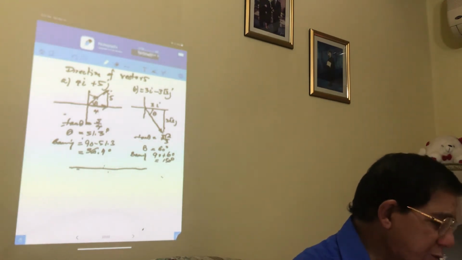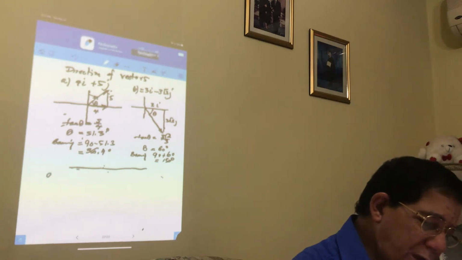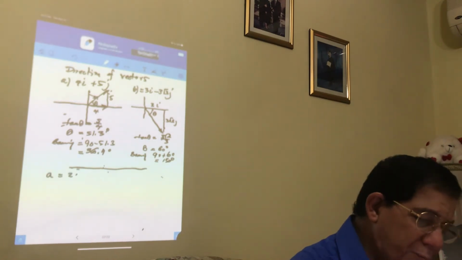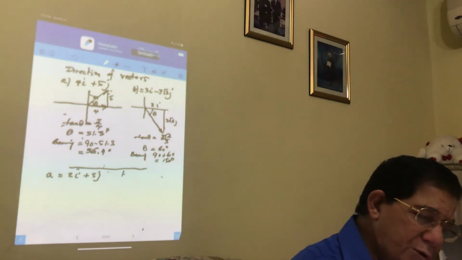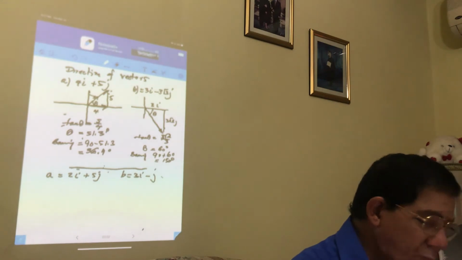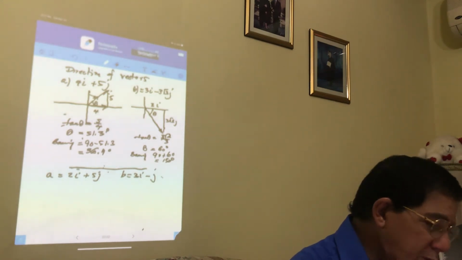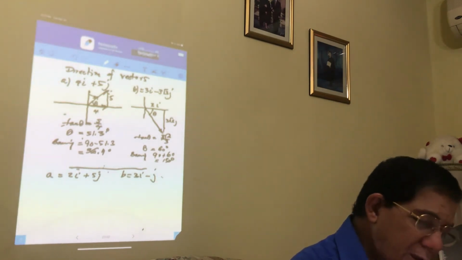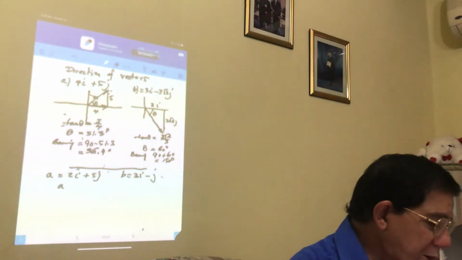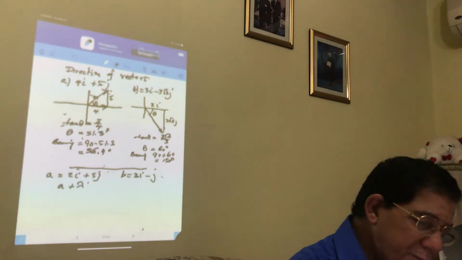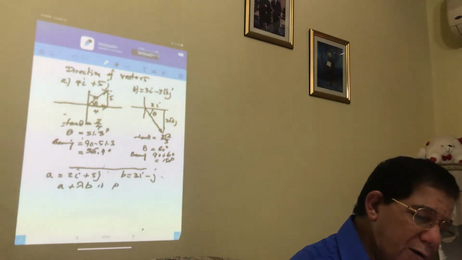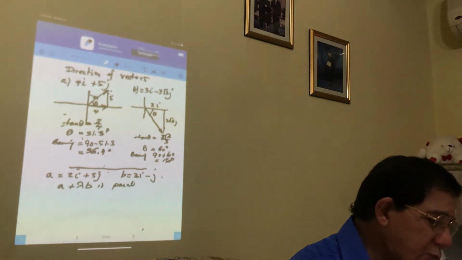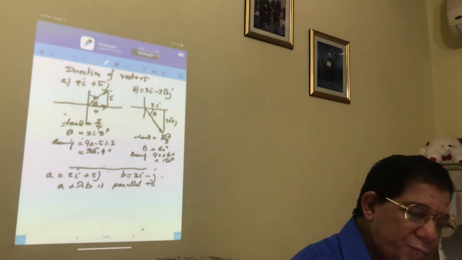Like a question saying we have vector A is 2i plus 5j, and vector B is 3i minus j. We have A plus lambda B is parallel to i.